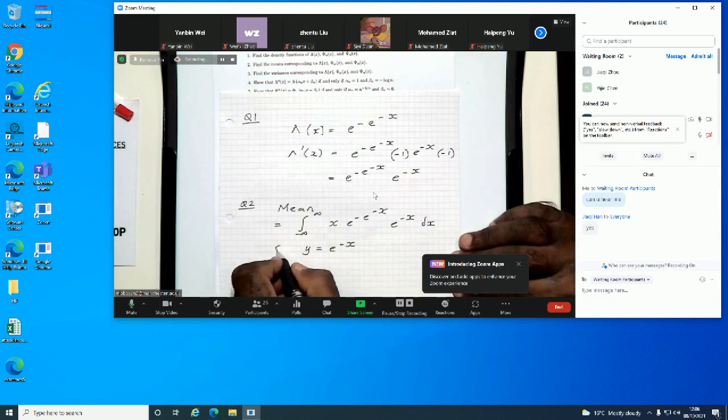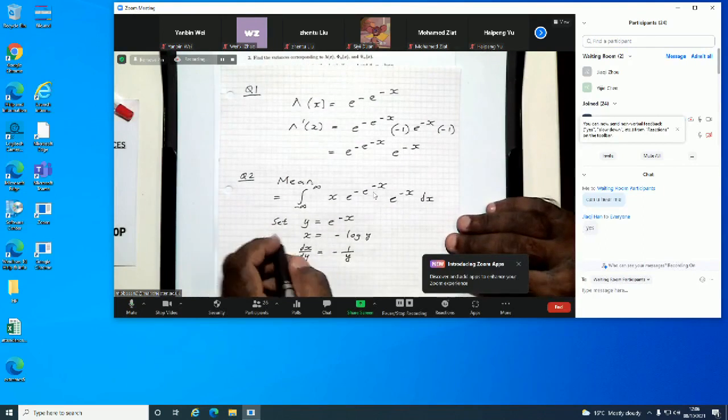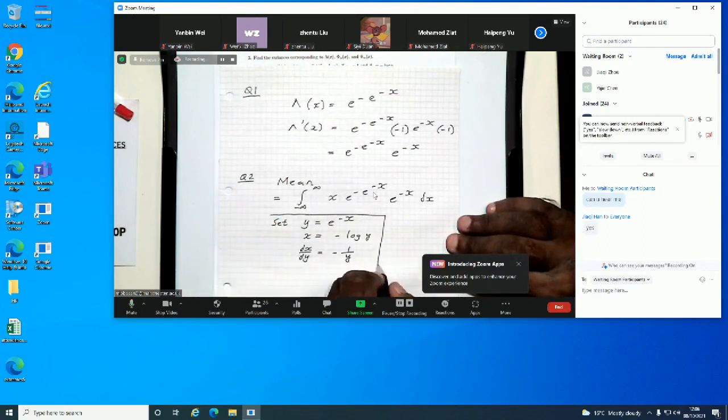So set y equal to e to the minus x, so that means x is equal to minus log of y, so dx by dy is minus 1 over y, right? So put this in a box like this.